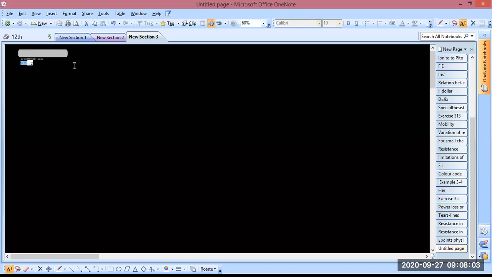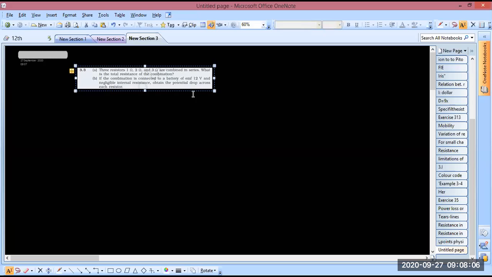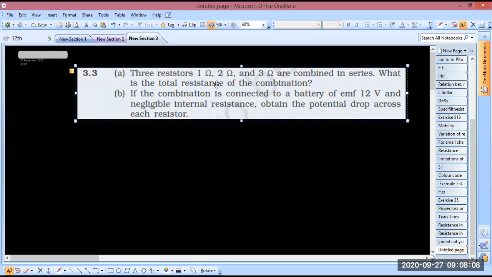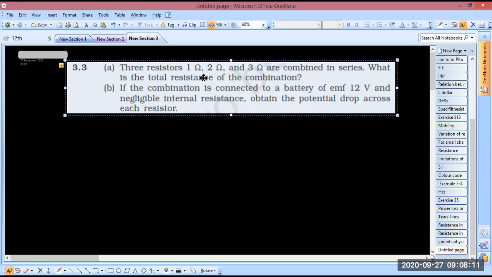Right, so here's the question. It has two parts, A and B. Both are very, very simple.